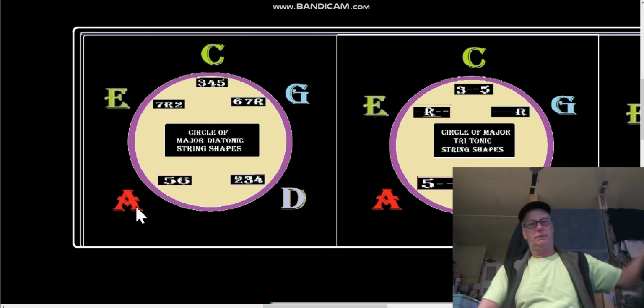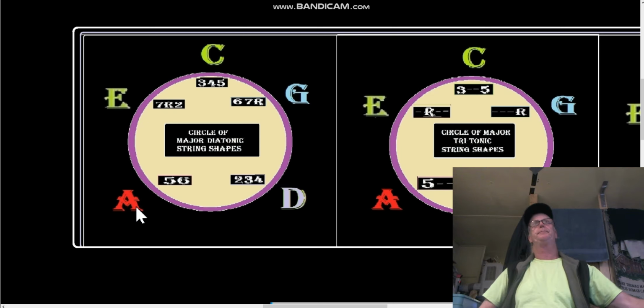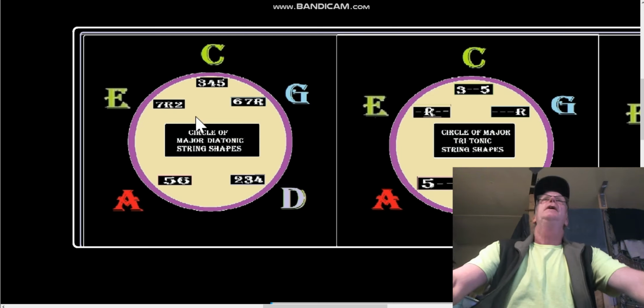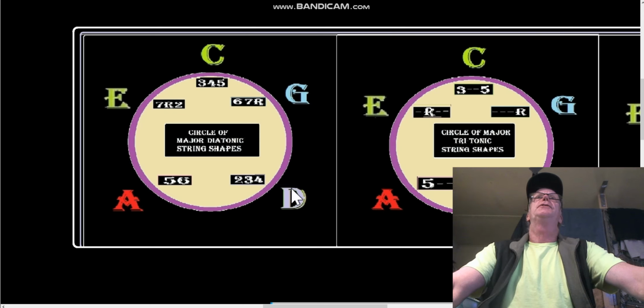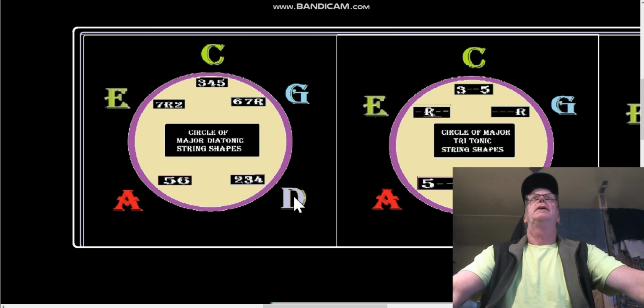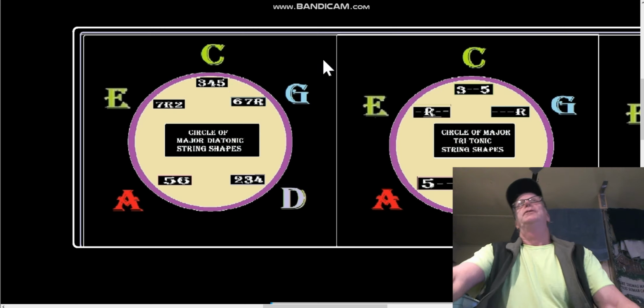Well, why is this not CAGED? Well, it is if you go backwards in every other letter: C, A, G, E, D, C, A, G, E, D.